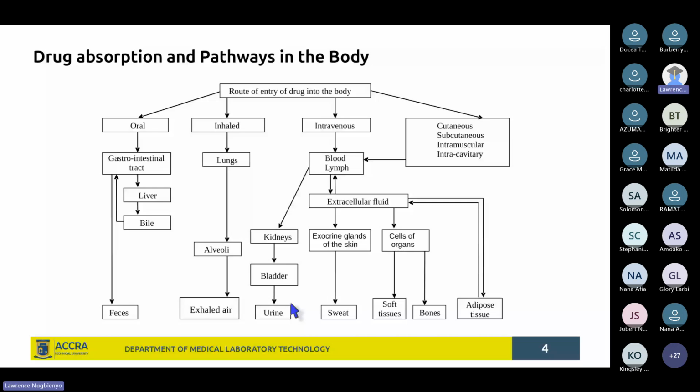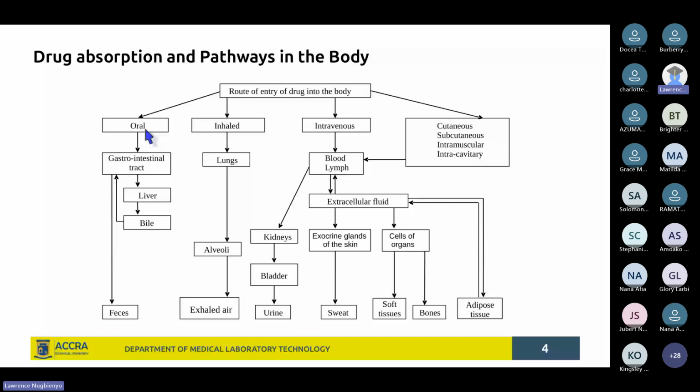So if you have any drug taken into the body, as you can see, the various pathways, maybe not exhaustive, but I think this is exhaustive enough, because the route of entry of the drug into the body can be oral, which is a very common pathway of drugs being taken in and administered.